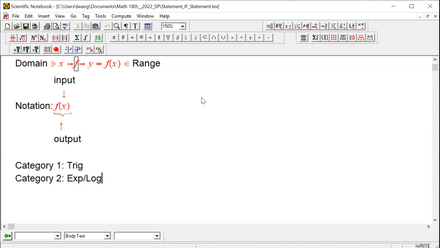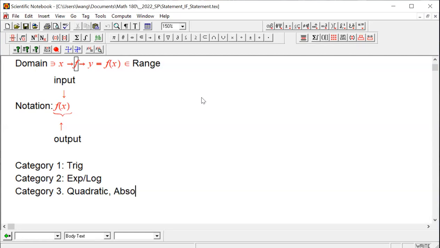And the third category, of course, what is the third category? The third category would be absolute value, quadratic, and polynomials, which are very typical academic questions.